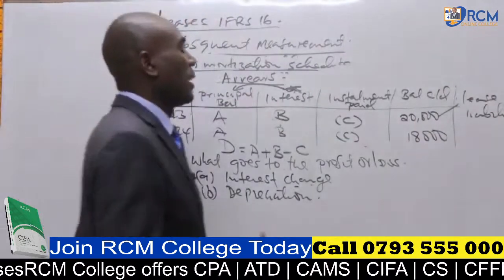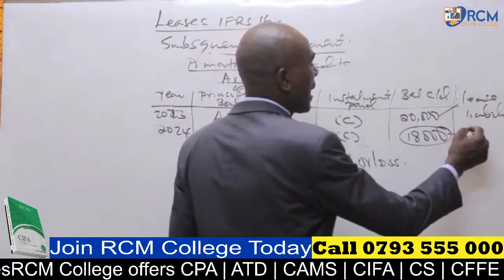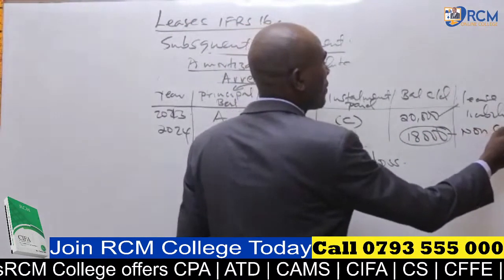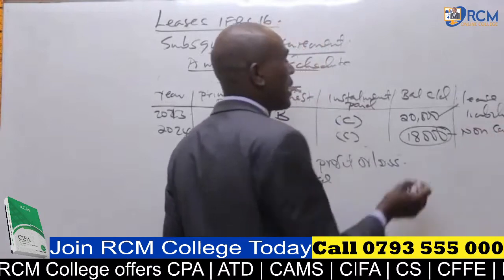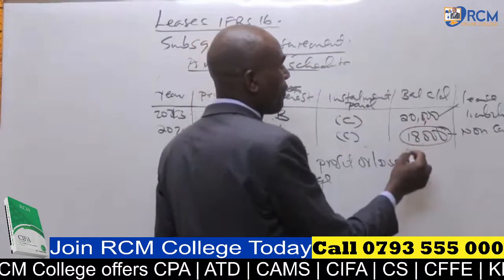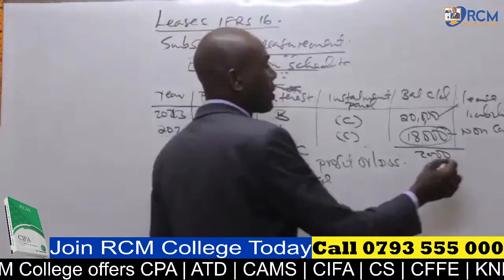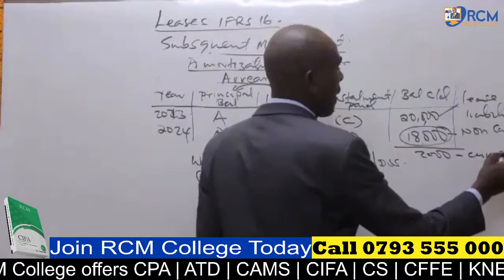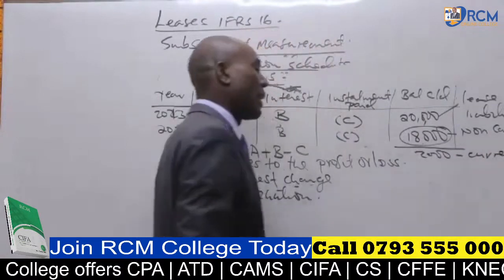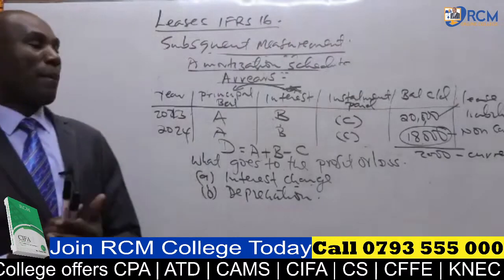Therefore, the one for year two is the non-current liability in the lease. Then the difference between year one and two, which is 2,000, is the current liability in the lease.